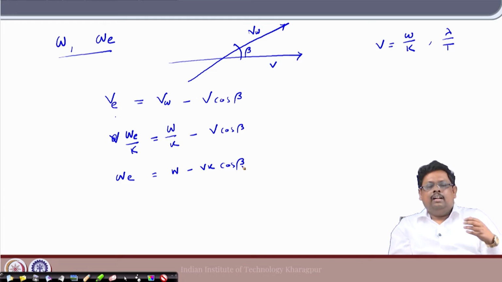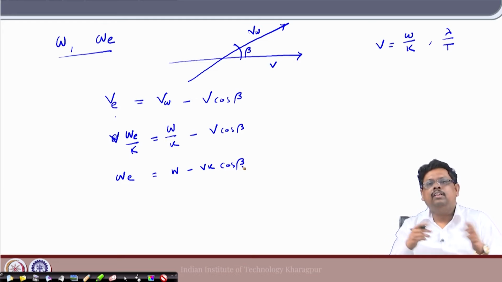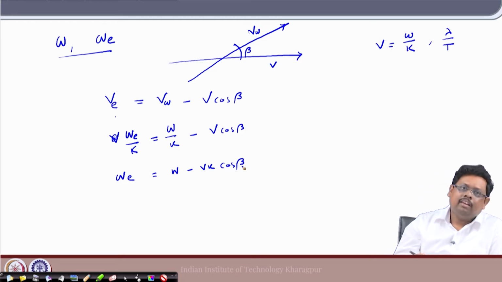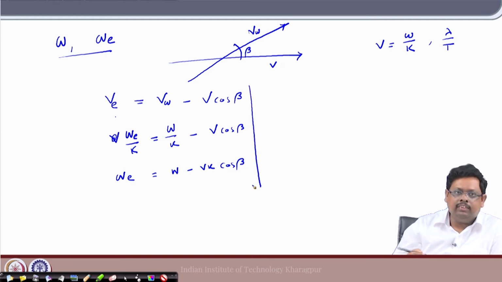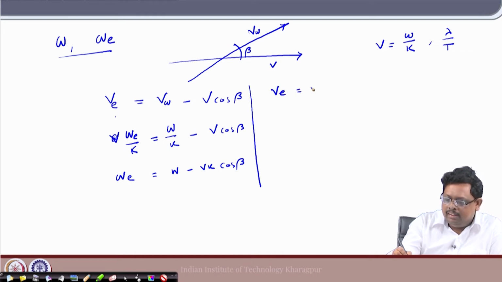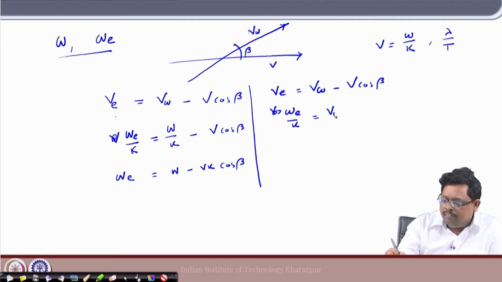There are many ways you can get it. So, this is one. Now, we can make an alternative expression also. For example, I can take v equal to v omega minus v into cos beta, and then I can write v equal to omega e by k, and here I can take v omega common.